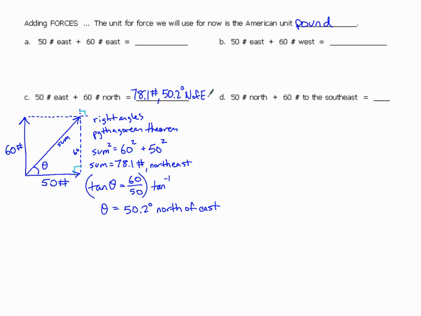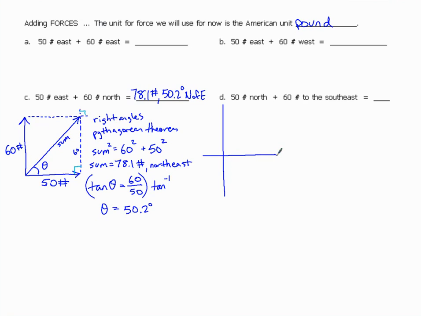Similar example, we have a vector 50 pounds north, and we have a vector 60 pounds to the southeast. So erase that. First, we're going to draw a picture. So here's kind of a basic grid.